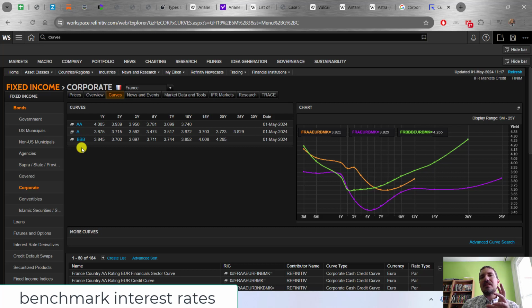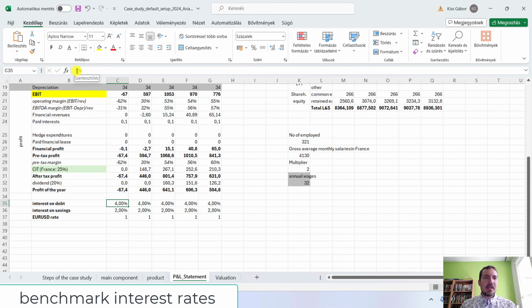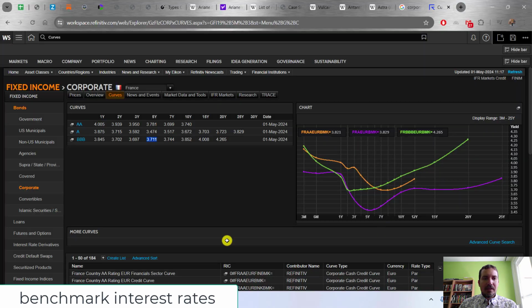Category C is risky territory, and D is when they are in default. So let's assume that we are in category B. These are the interest rates for us right now. I'll just copy and paste everything.